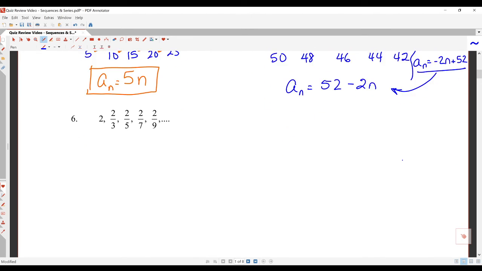And then number 6, I would first of all take that first number 2 and put it over 1 just so it looks the same. And what we should note is a_n is going to have a numerator of 2. So the question is, what can I do to 1, 2, 3, 4, and 5 to get those denominators of 1, 3, 5, 7, and 9?